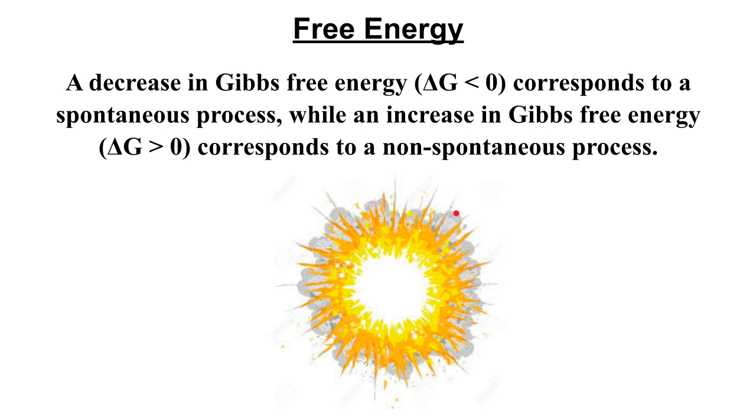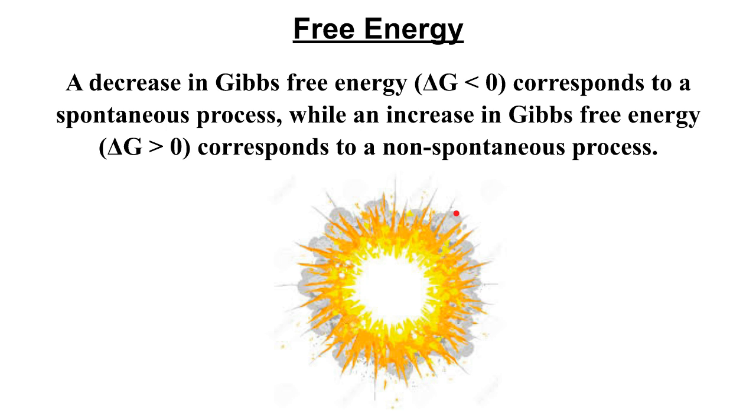And so we can't always share that direct relationship between delta G and delta H without considering the temperature and the entropy. Okay? So when we get to free energy, a decrease in free energy, where delta G is less than 0, corresponds to a spontaneous reaction, while an increase in free energy, where delta G is greater than 0, or a positive value, corresponds to a non-spontaneous process.